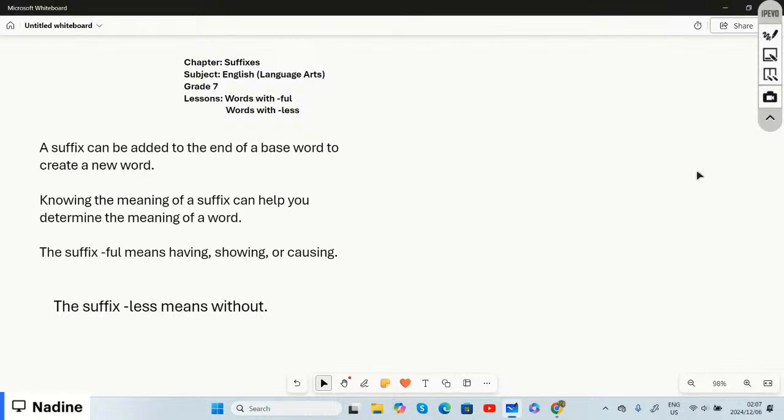All right, so when it comes to suffixes, a suffix can be added to the end of a base word to create a new word.